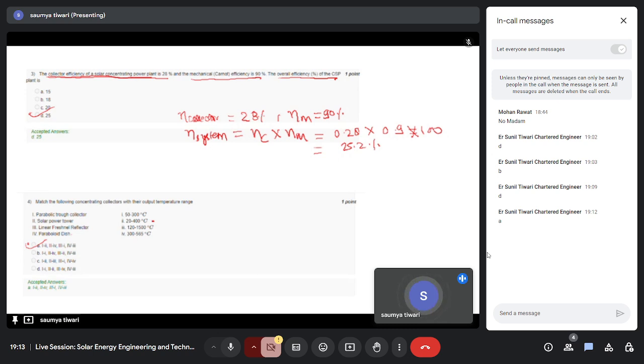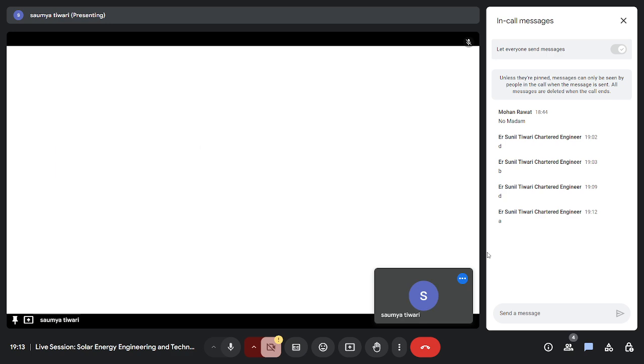If we match these, the parabolic trough collector temperature range is 20 to 400 degrees Celsius. The solar power tower has a very high range, 300 to 565 degrees Celsius. The Fresnel reflector has a low temperature range, and the parabolic dish is a high temperature application, 130 to 1500 degrees Celsius. So option A is correct.